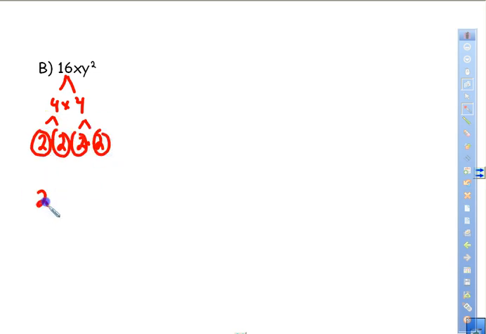So we're going to list them: 2 times 2 times 2 times 2 times, we have 1 x, and since this says y to the second power, then it would be times y times 1 more y. Okay, that is doing the factors of an expression.